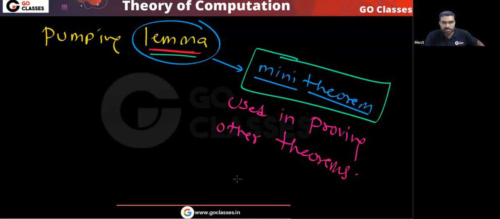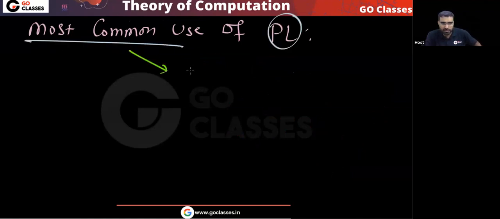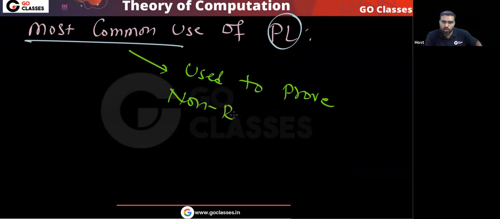Okay, so this pumping lemma we will use to prove non-regularity. What is the most common use of the pumping lemma? This pumping lemma is only interesting because it is used to prove non-regularity of a language.